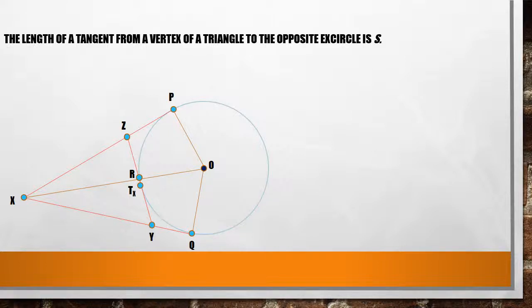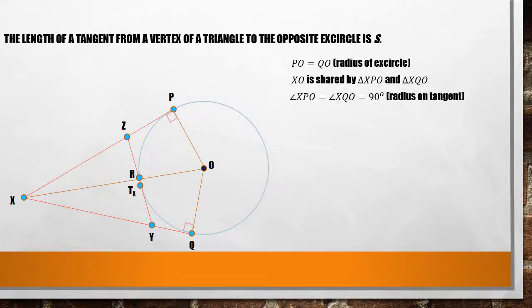Now, first let's notice that the length of PO is the same as the length of QO, since they're both the radius of the X-circle. Then we notice that the length XO is shared by two triangles, triangle XPO and triangle XQO. What can we do with that? Notice that XP is tangent to the circle, so it is perpendicular to the radius OP.